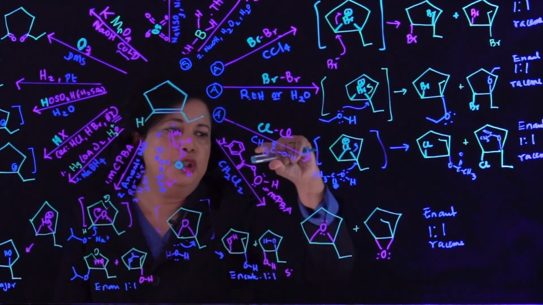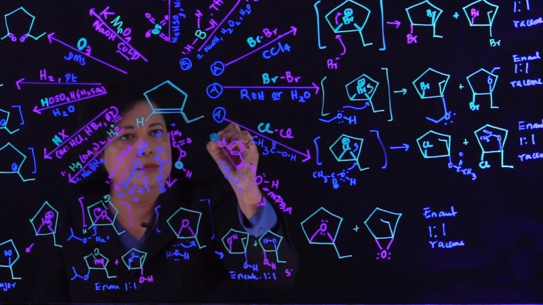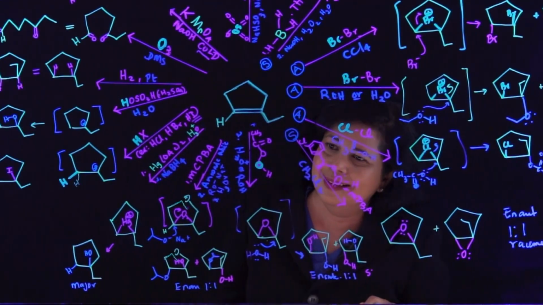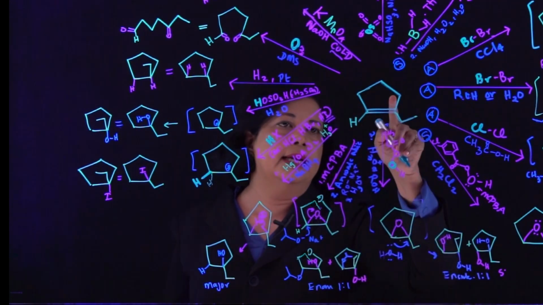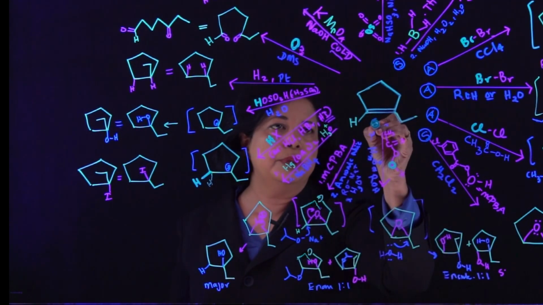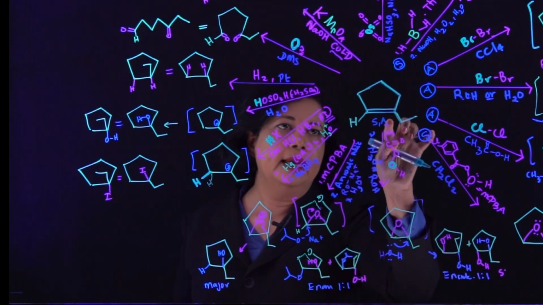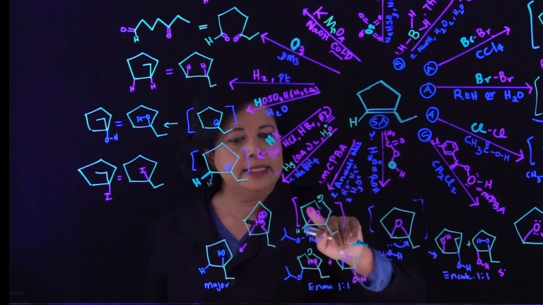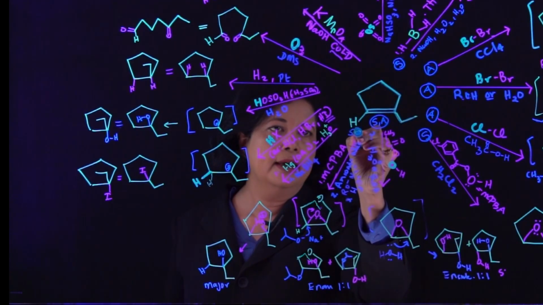This one is just very specific, either one side or the opposite side, not both sides. So that is definitely a syn. This one is a syn followed by an anti. So I would just put S and then A. This one is the same, syn followed by anti.